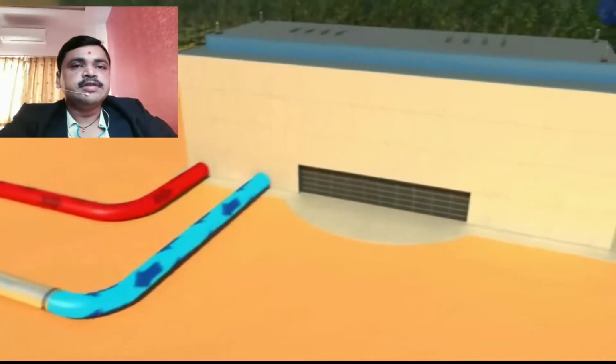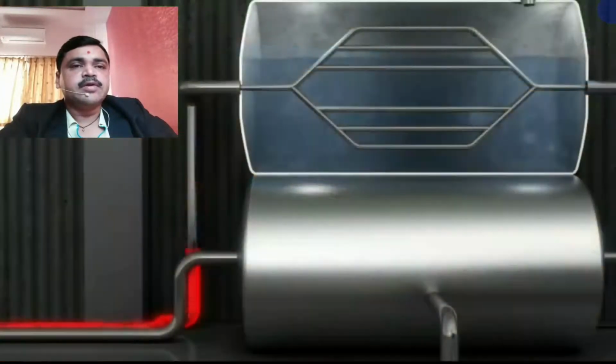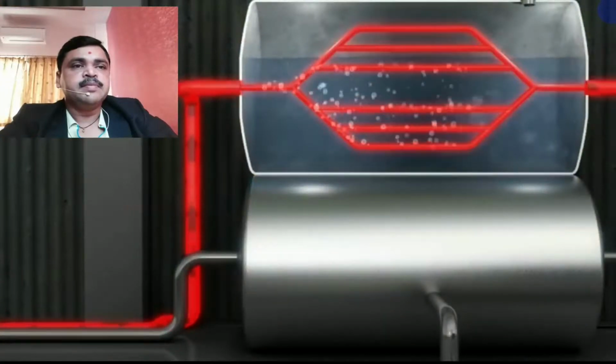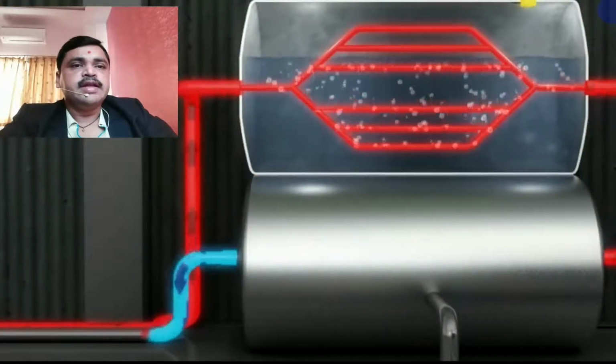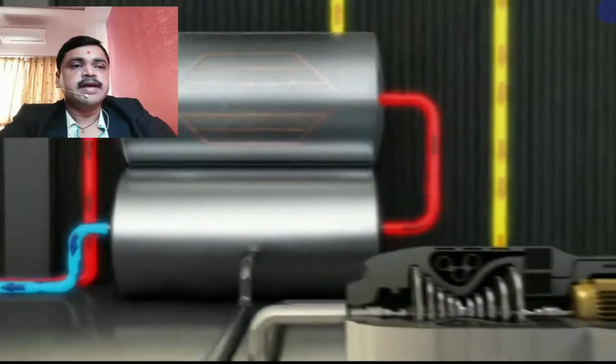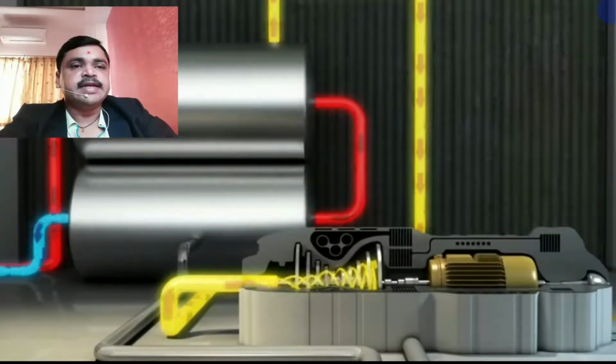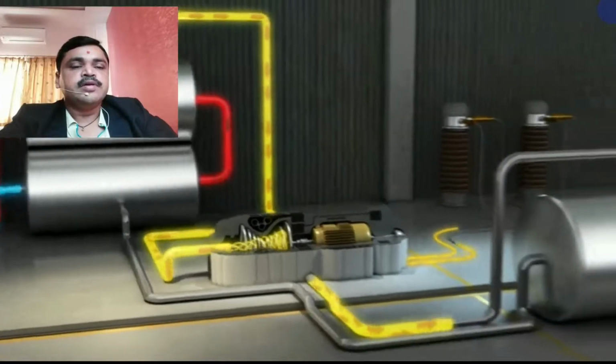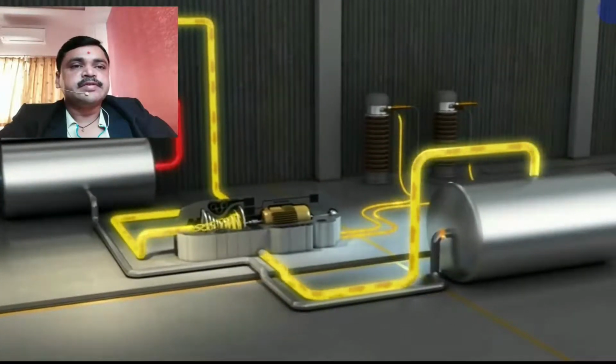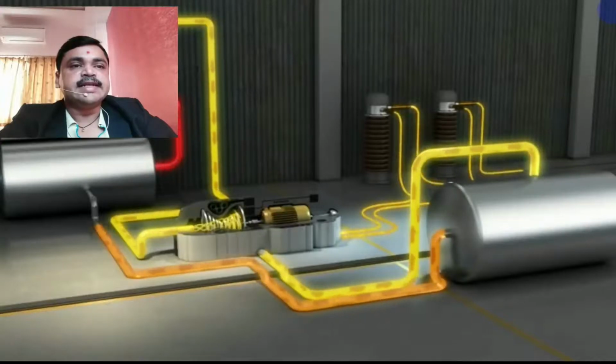The working fluid is water, air, oil, etc. It is passed in the heat exchanger where heat is exchanged and then it is passed into the generator, which generates the electricity.